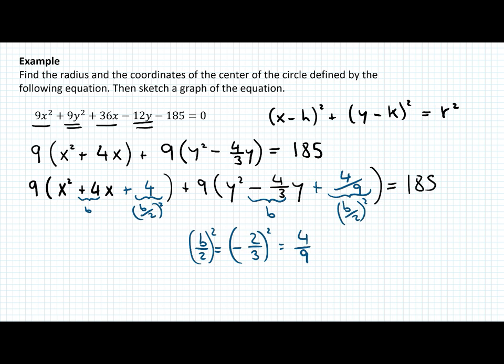But we must add 9 times 4 from the previous term here, because we actually added the 4 over here. So that's going to be 36. And we must also add 9 times 4/9, which is just 4. So that is actually now convenient.